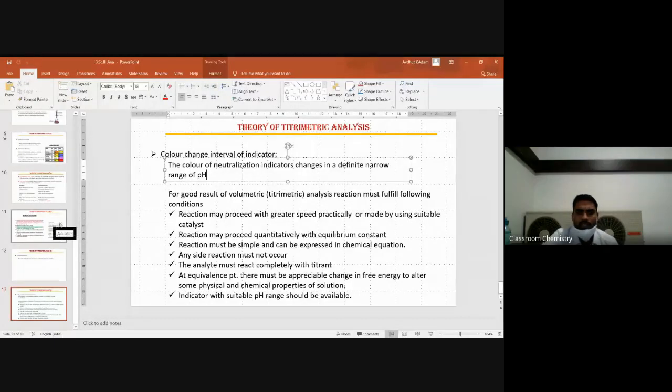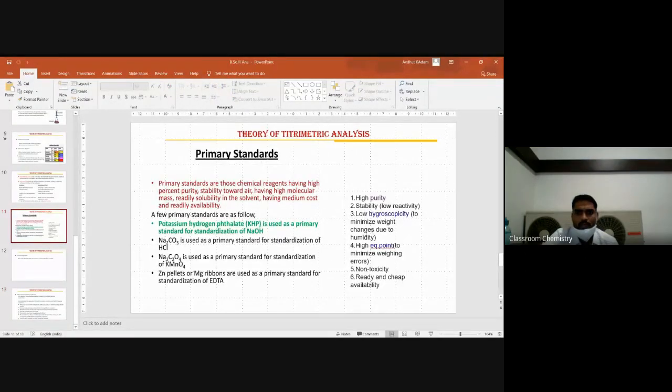Then what is primary standard, what is secondary standard, and what are the characters of a primary standard? These are important regarding analytical chemistry. I think I touched a lot of basic points regarding this lecture. Okay, we stop here.